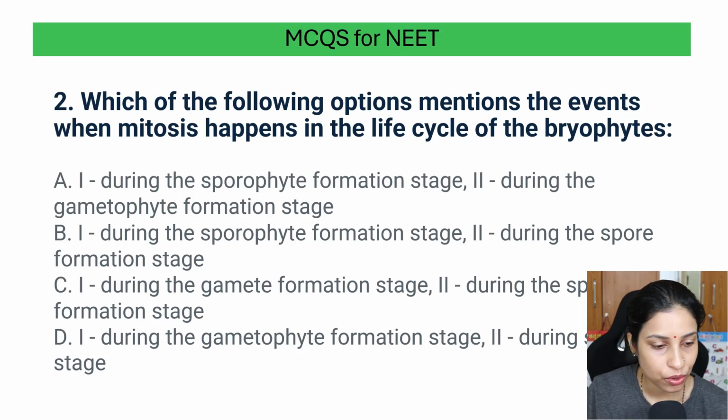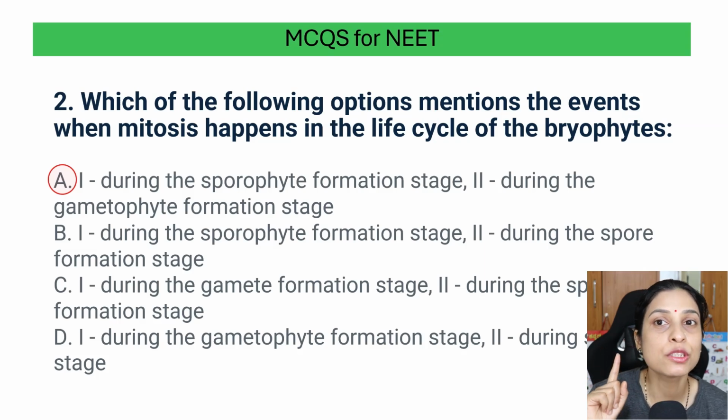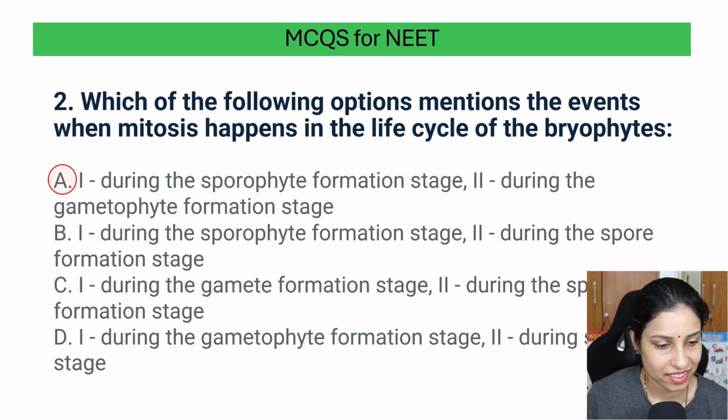So option A is correct, because mitotic division happens in the sporophyte stage and during gamete formation. Meiotic or reductional division is observed only during the formation of spores from the sporophyte. Is that clear? So easy, right?